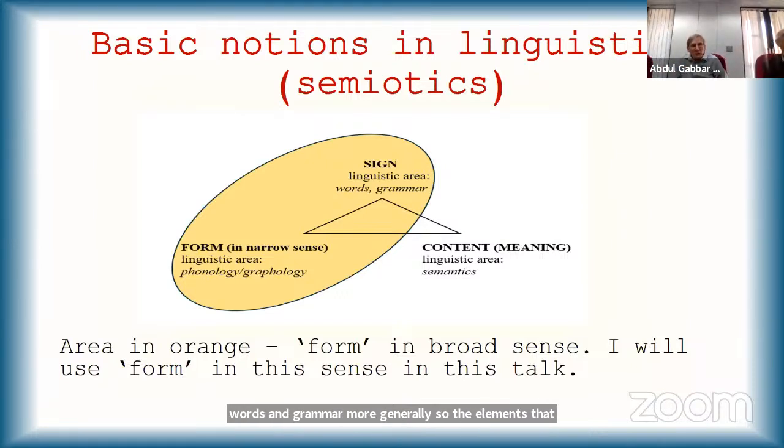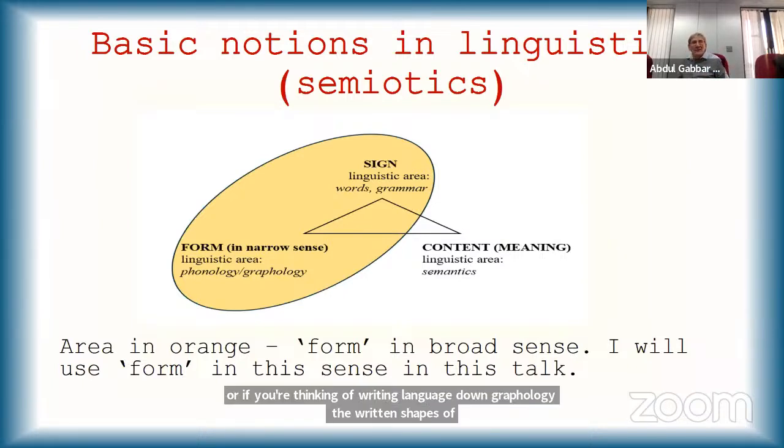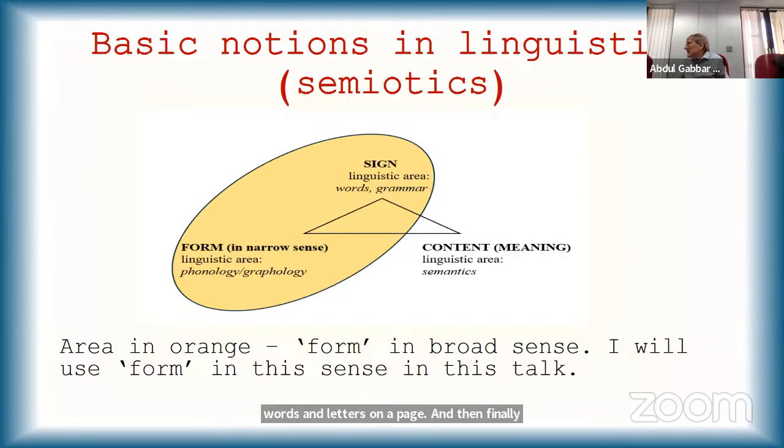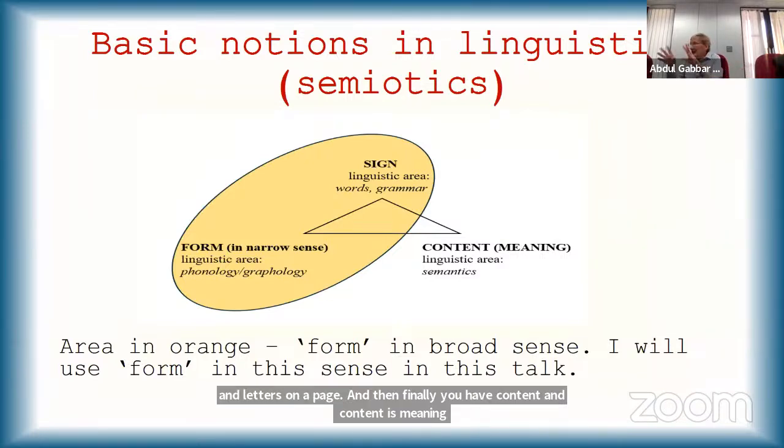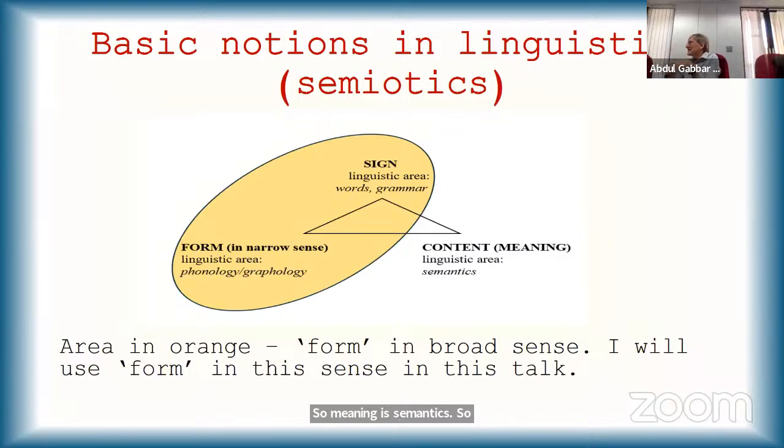You can then talk about form in a narrow sense, and that's the sound element of language, if you like. So phonology, or if you're thinking of writing language down, graphology, the written shapes of words and letters on a page. And then finally, you have content, and content is meaning. So meaning is semantics. So that's a very simple model of linguistics. I mean, it doesn't cater for everything by any means, but it's a good place to start, I think.